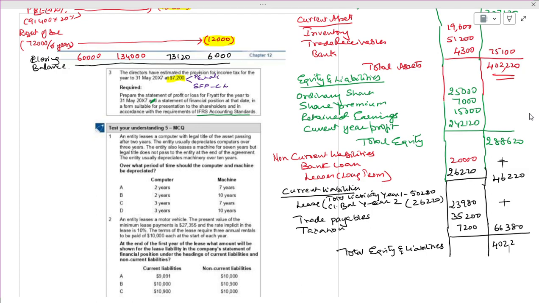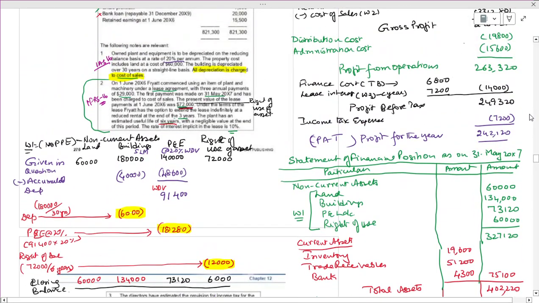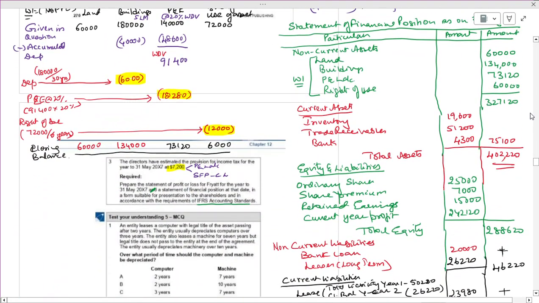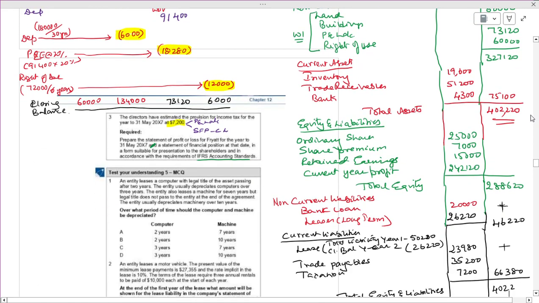How much is retained earnings? 15,500. Yes, 15,500.